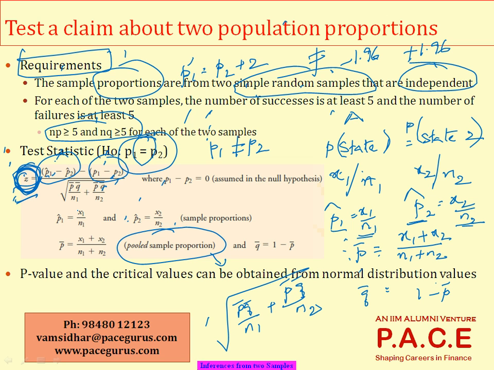The way you find the standard error is you first pool the proportions by taking the total sample which you have taken, and the total number of people who have voted for that party. Based on that, you compute the pooled proportion and take q, which is 1 minus the pooled proportion, and use it for computing your Z statistic, compare with the critical value, and make your decision.